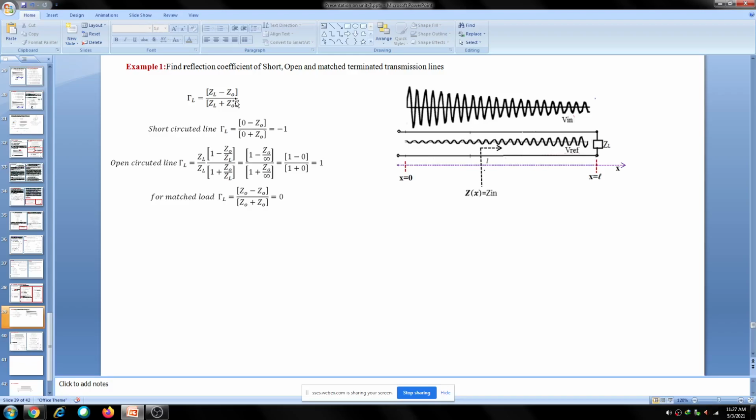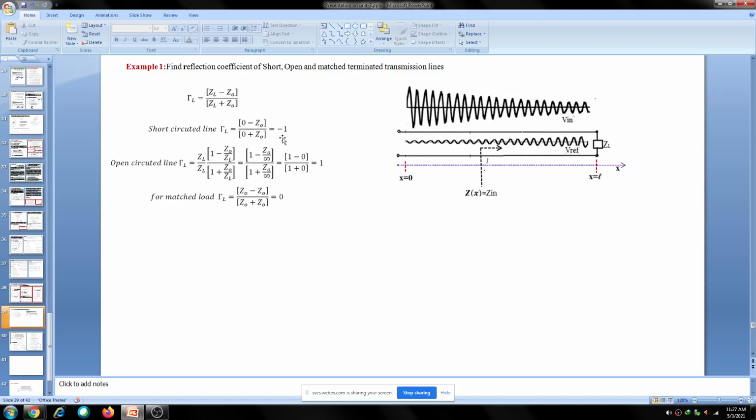It gives the ratio of V reflected divided by V incident, correct? Gamma L is the ratio of V reflected to V incident. Substituting ZL equal to 0, what do you get? It is equal to minus 1. Reflection coefficient Gamma L is equal to minus 1.